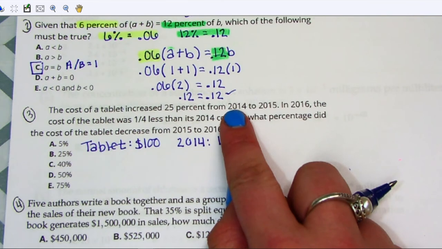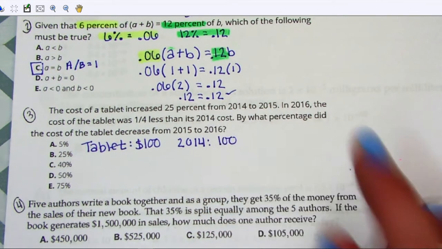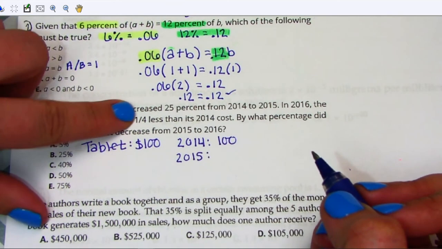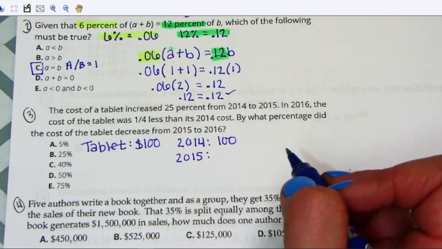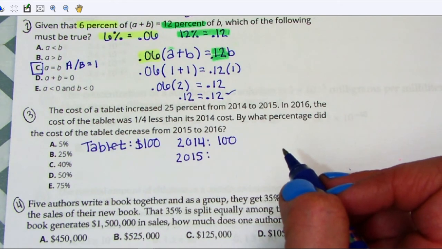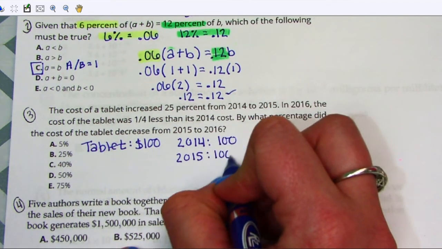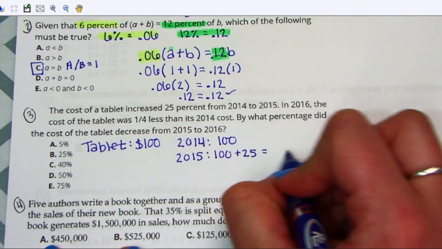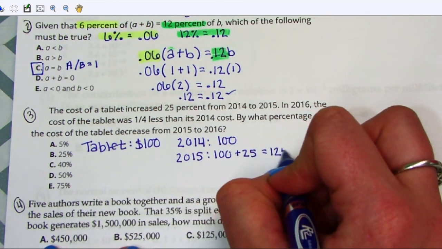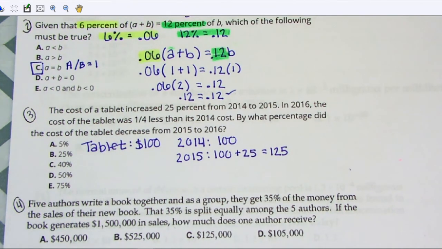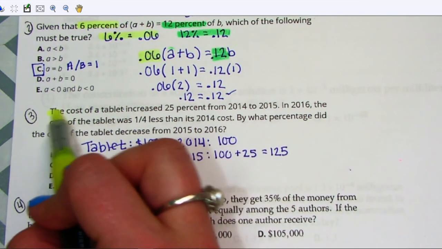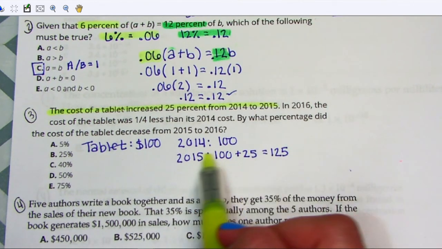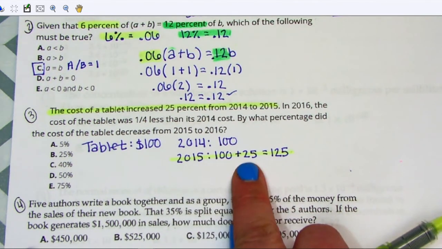From 2014 to 2015, so now we're in the year 2015, the tablet increased 25%. Well, 25% of 100 is $25. It's a quarter. So now in 2015, the tablet is $125. So right here where it says the tablet increased 25% from 2014 to 2015, the 25% portion is $25.